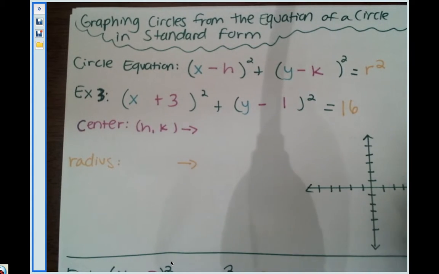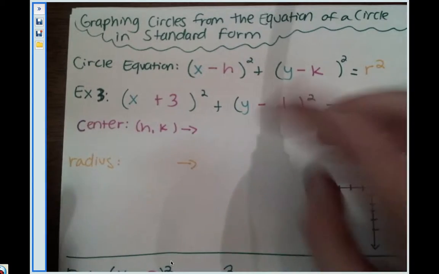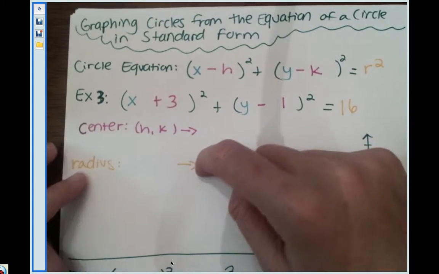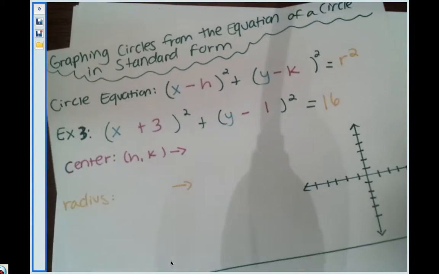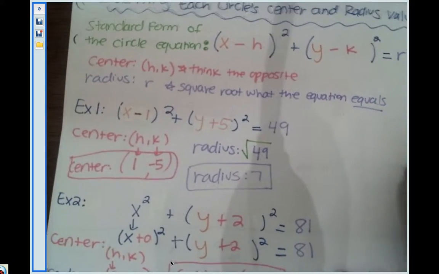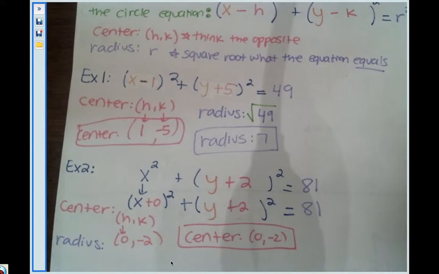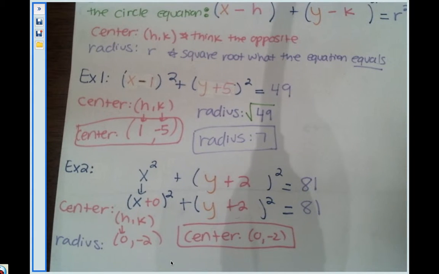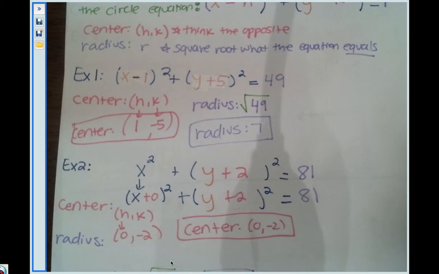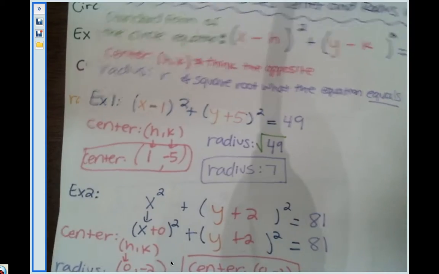All we need to graph a circle is the center point and the radius, and we already learned how to identify the center and the radius. So we're doing exactly what we did, except we are taking this one step further. We are going to be graphing the circle using the center and the radius points.